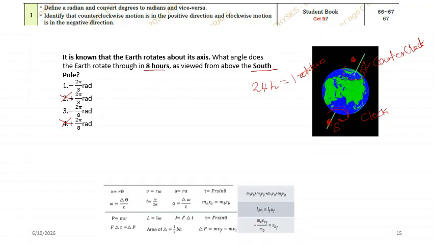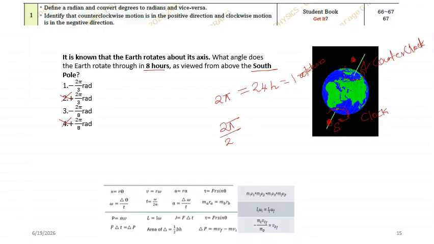Now let us connect the hours with the angle. In 24 hours, how much angle will it be rotated? It will be rotated 2 pi. Fine. So how do we calculate the angle rotated in 1 hour? It's easy, right? The total angle rotated divided by the total time taken.